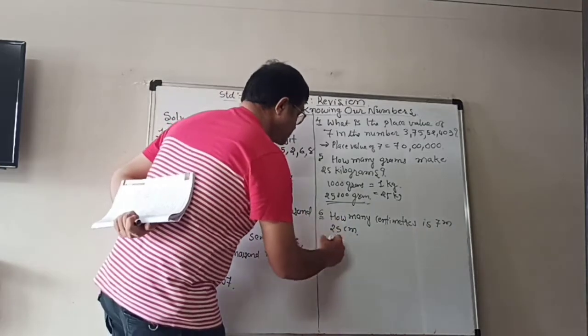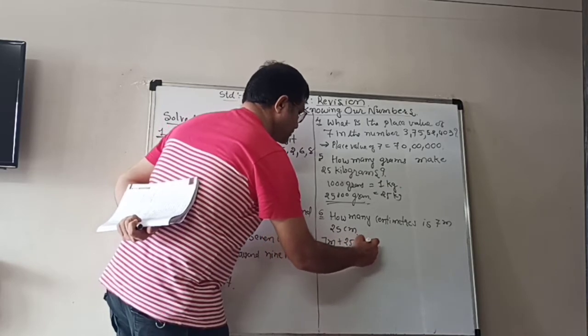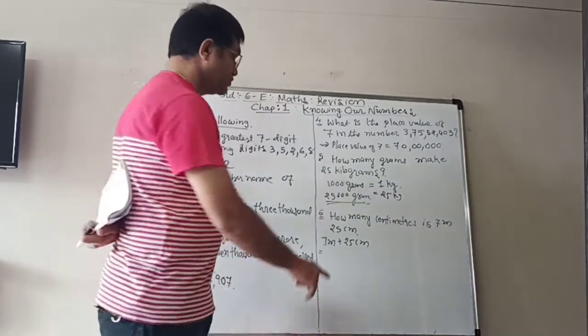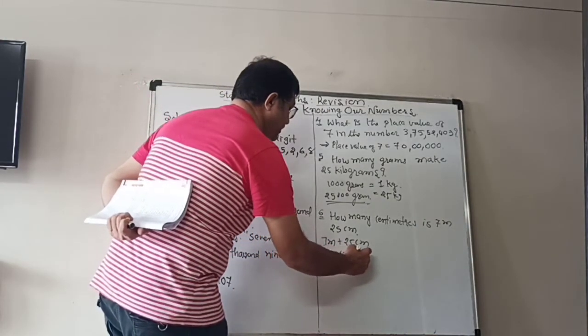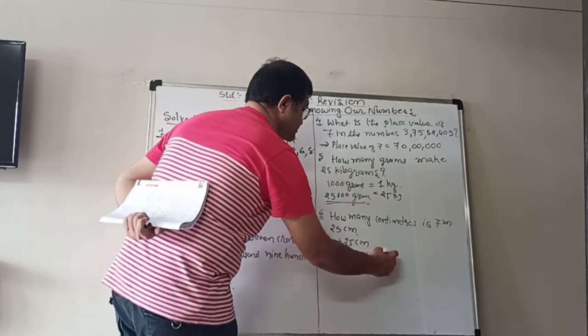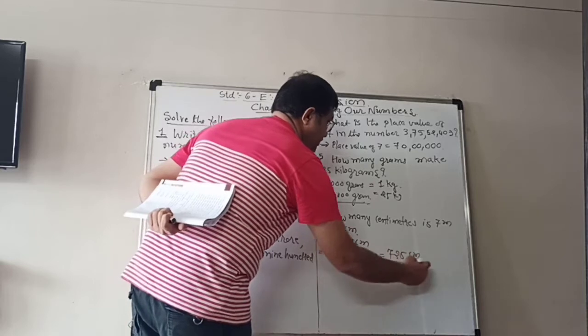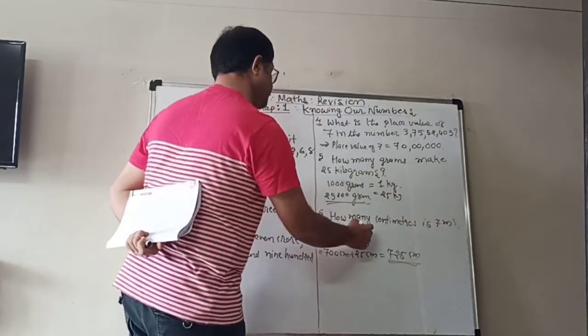So now 7 meter plus 25 centimeter. We know that 1 meter is 100 centimeter. So 7 meter means 700 centimeter plus another 25 centimeter. So the answer is 725 centimeter.